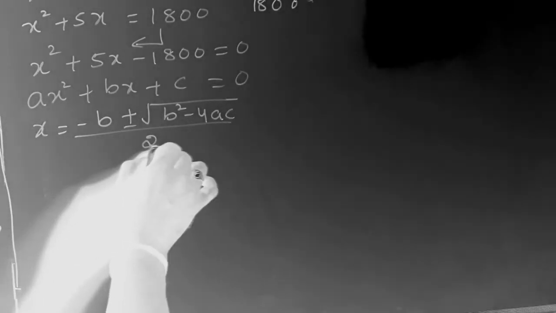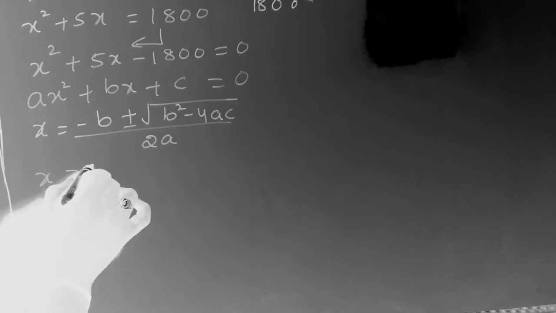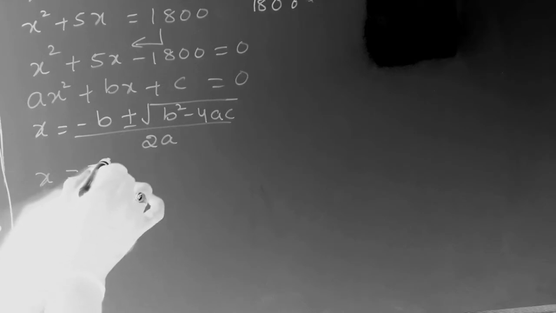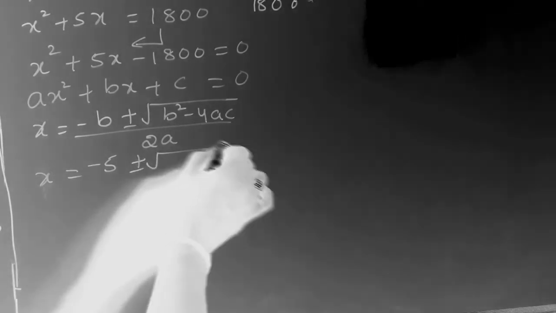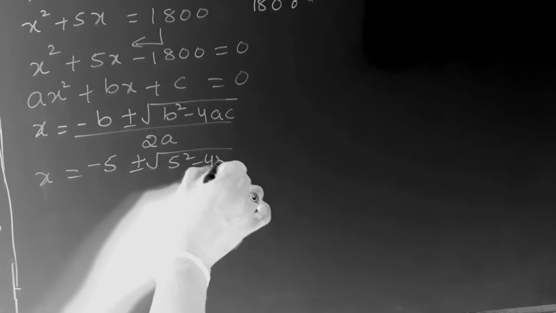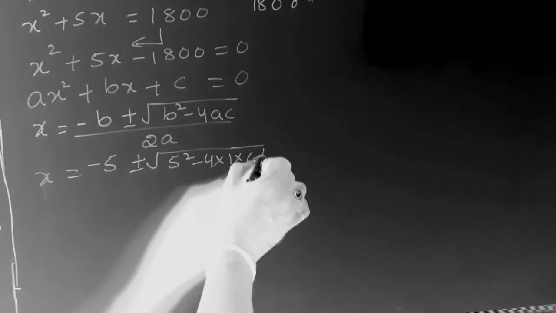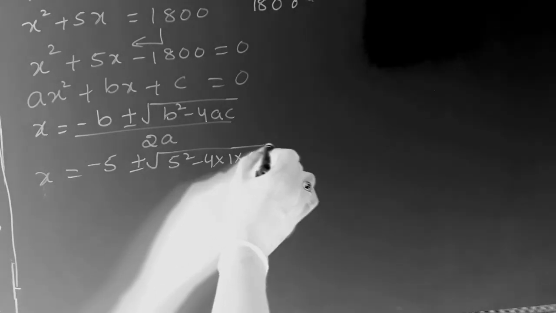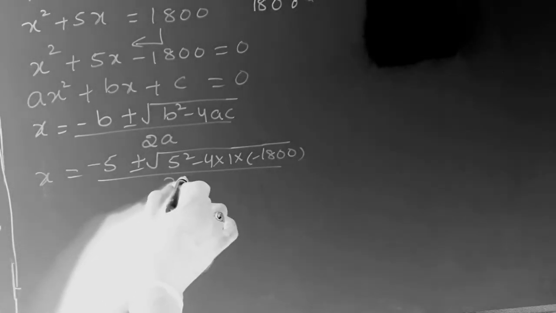So this is the formula we have. Now we substitute the values: minus b, minus 5, plus or minus, b square is 5 square, minus 4ac, 4 into 1 into c is minus 1800, by 2a, 2 into 1.